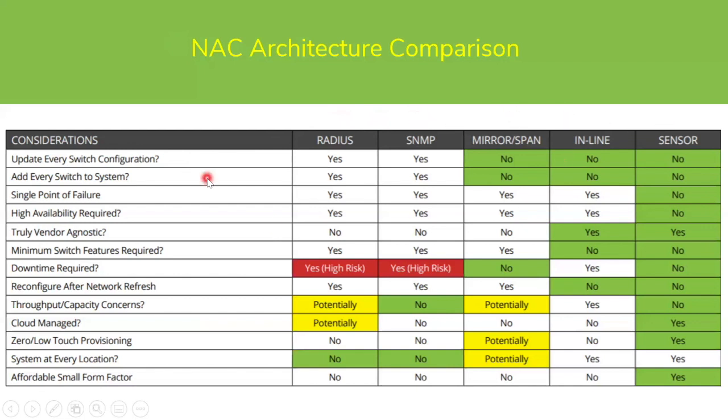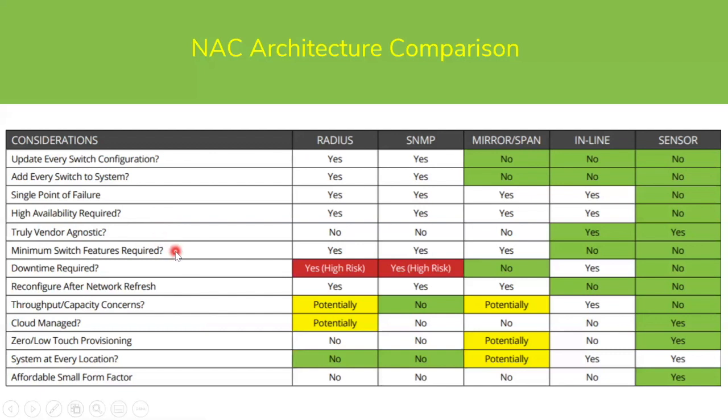And then, do you have to add every switch or every network device to your system, so to your NAC policy server, radius server, what have you, and so on? Is there a single point of failure with that particular architecture when it's introduced? Does that mean you need high availability? Is the solution vendor agnostic? And we'll talk more about what it means to be truly vendor agnostic. That is one of the most overused terms in the NAC industry.